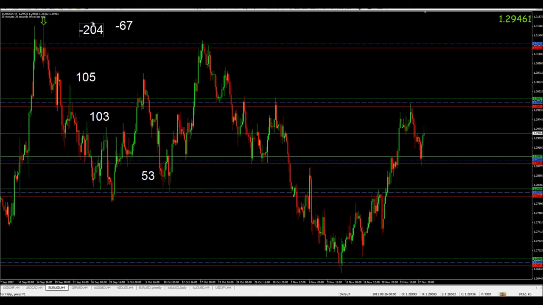Okay, so let's work this out. We've made just over 250 pips, right? And we're at a negative territory of around 250 pips as well. Seems fair.